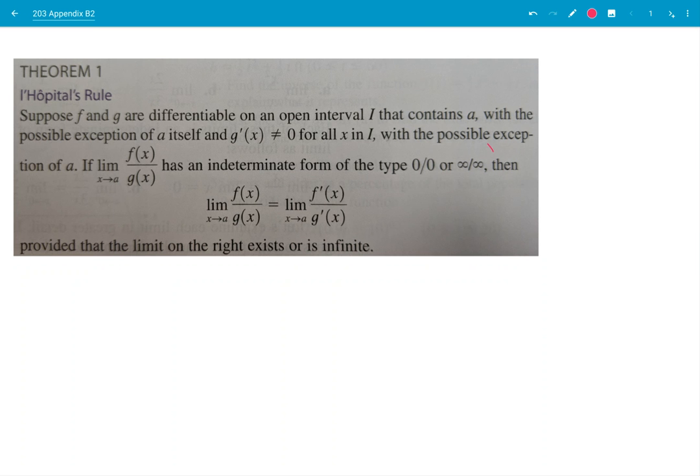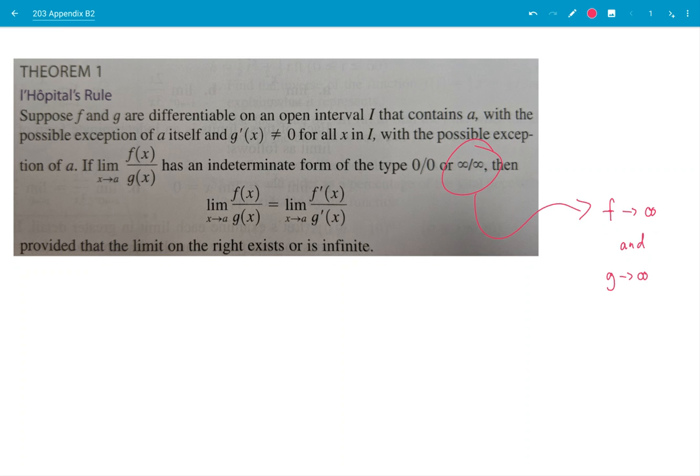Okay, so indeterminate form, infinity over infinity means f is approaching infinity and g is approaching infinity. Okay, so you have to make sure that your original limit is either of this form here or 0 over 0.